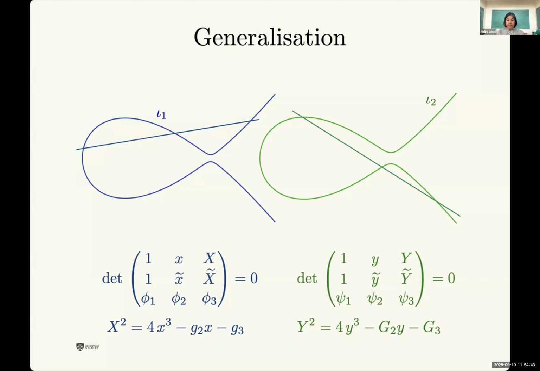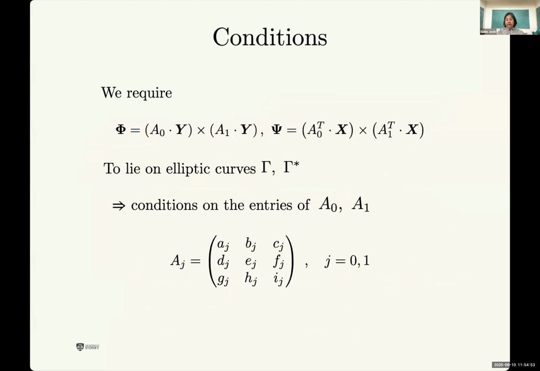The elliptic curves are not necessarily the same curves. You can look at this in multiple ways, but the simplest way is to think about the parameters being independent of the other variables. If you do that, you still have an invariant, you still have a matrix description. You have parameters coming from the 18 entries of these two 3x3 matrices.